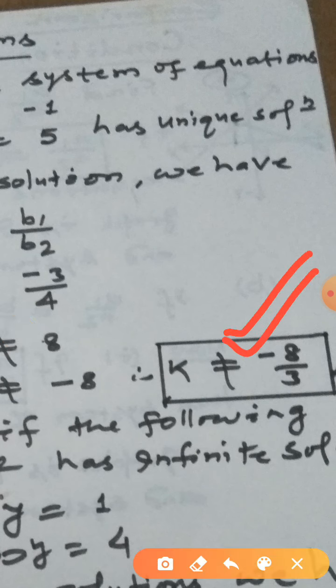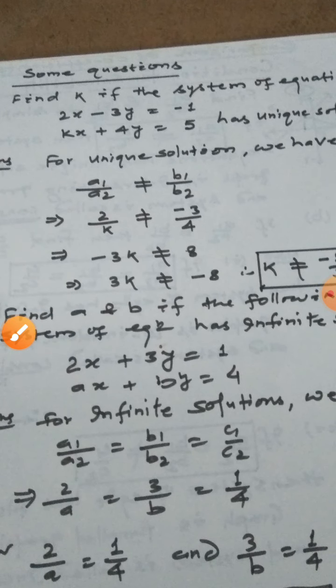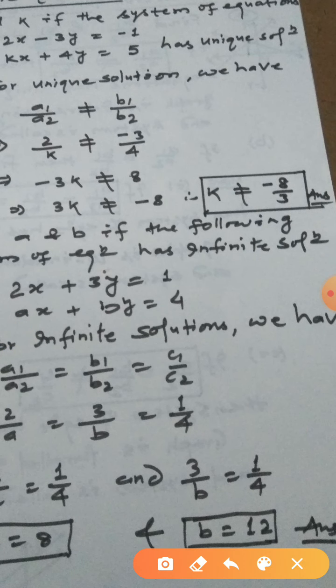So what does this answer say? The answer says don't put the value k equal to minus 8 by 3. It means in this situation the value of k will be all values other than minus 8 by 3.